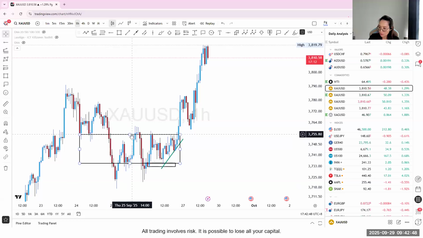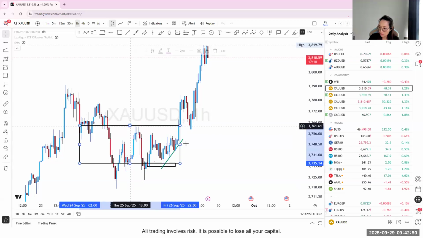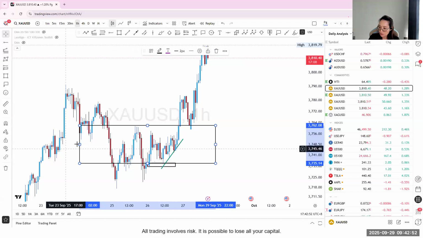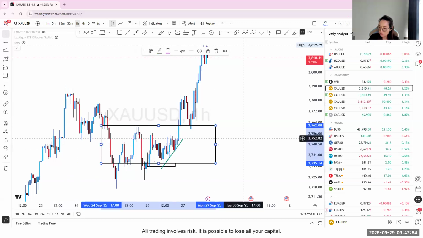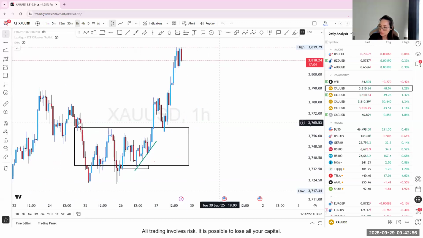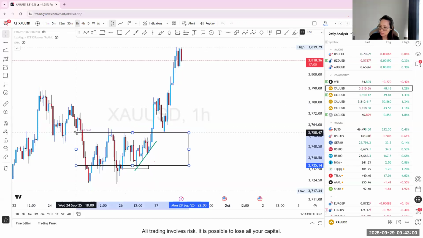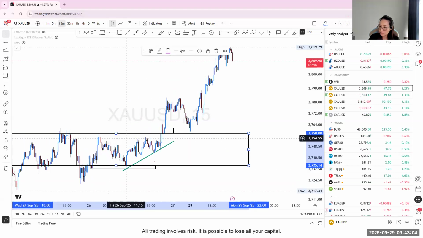Let's just say in H1, you can see that okay, the ranging gonna be here. If you were to draw in H1, closing, pullback, but to me, if you were to zoom in M15, you will get the entry in the pullback here, rising from 58 to 82, more than, let's just say 200 pip.